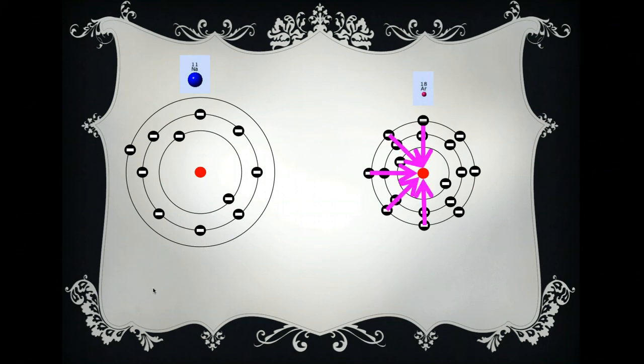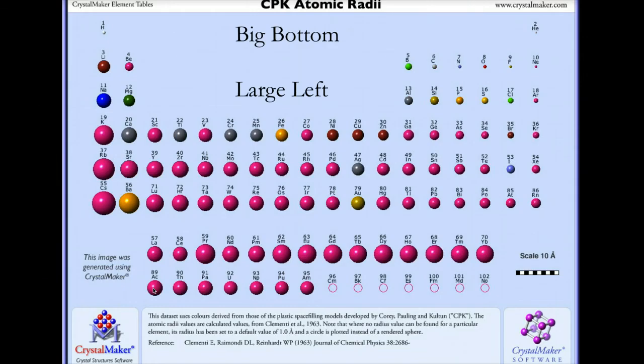And here you see these arrows indicating the pull towards the center of the atom. And a good way to remember this atomic radius trend is to think about the 2 words: big bottom, large left.